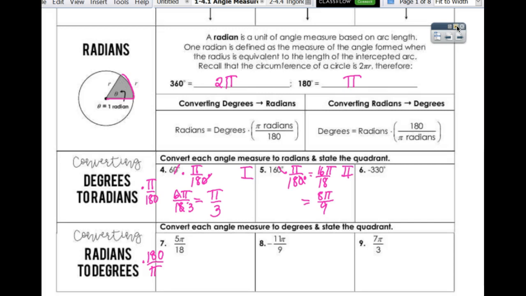All right, minus 330. I'm crossing out the zeros because I divided out by 10.